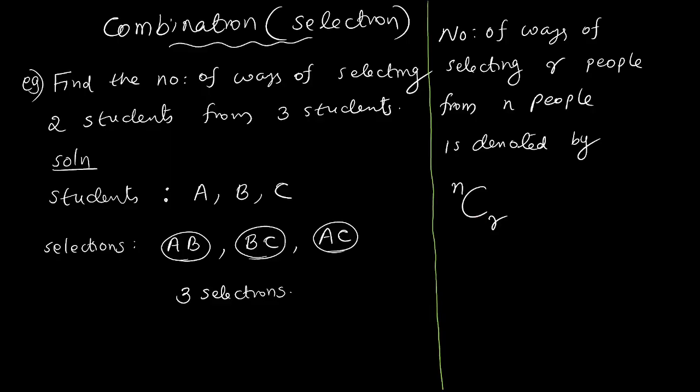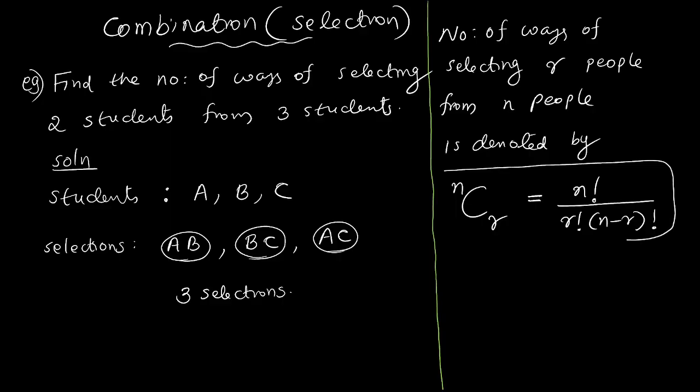We have a formula. The proof is not required for us. nCr equals n factorial divided by r factorial into n minus r factorial. Proof is not needed. Here n should be greater than or equal to r, because the total number of people is definitely greater than or equal to the number of people to be selected, right?